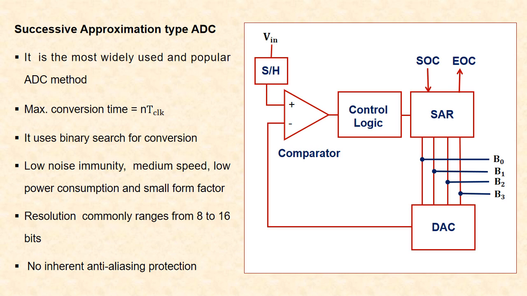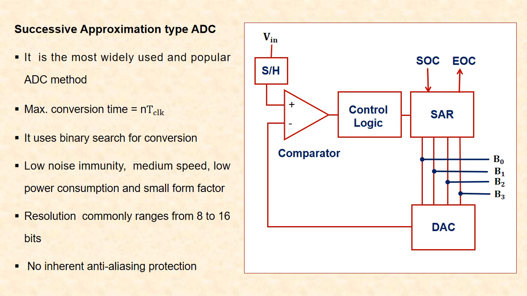When the start of conversion command is applied, the successive approximation register sets the MSB to logic 1 and other bits are made logic 0, so that the trial code becomes 1000.